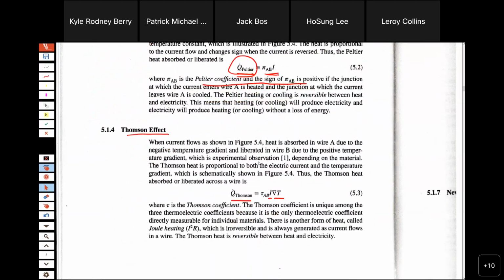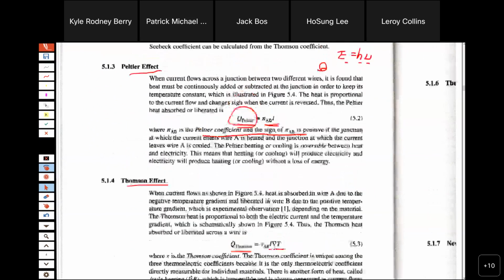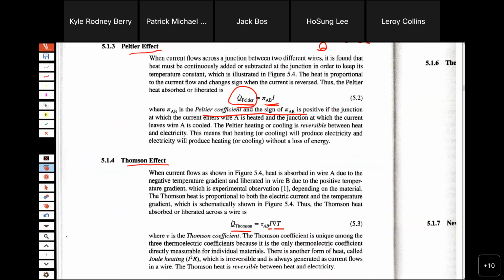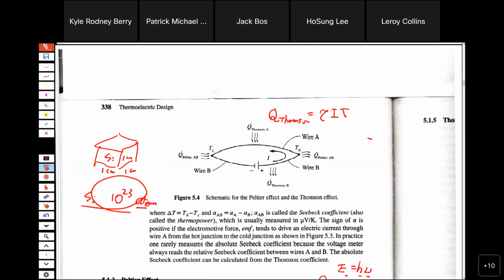The Thomson heat is tau I delta T. So this is the Thomson coefficient tau, the current, and the gradient.